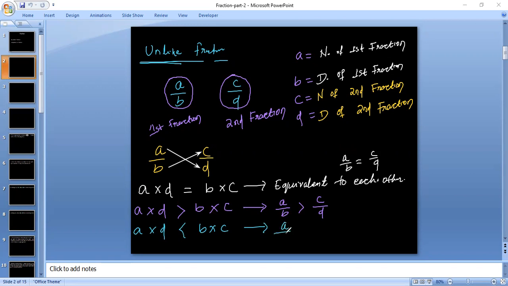That means A by B is less than C by D. These are the methods and the process to compare two fractions and determine which one is greater and which is smaller. This is a very simple shortcut method. Now we should apply this concept by taking some examples.